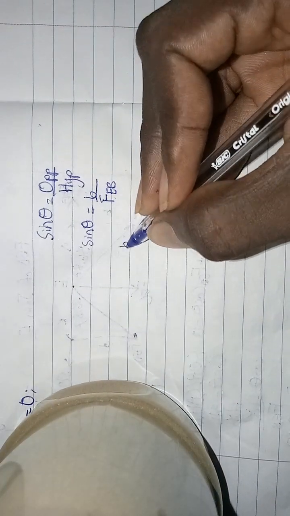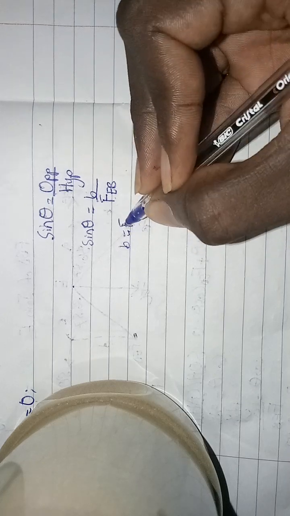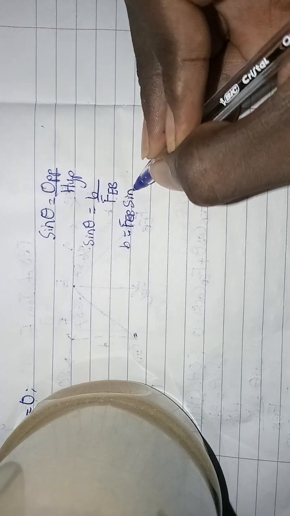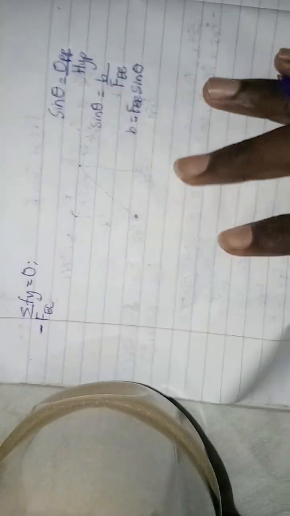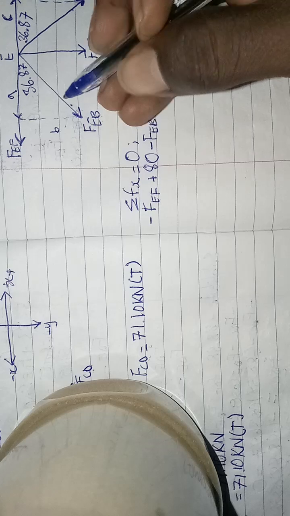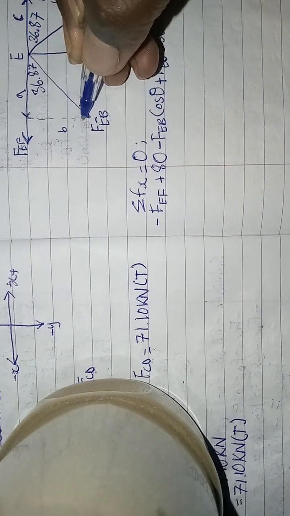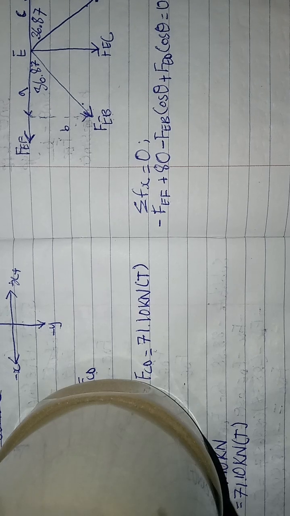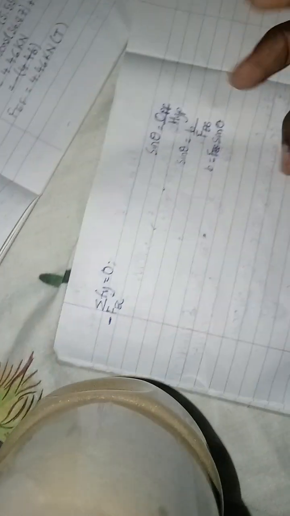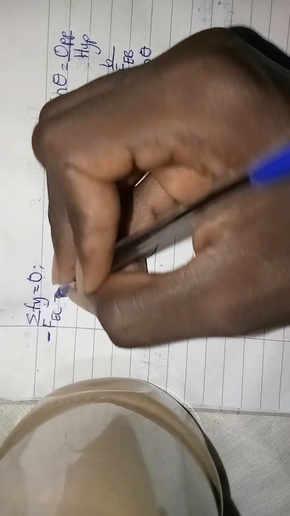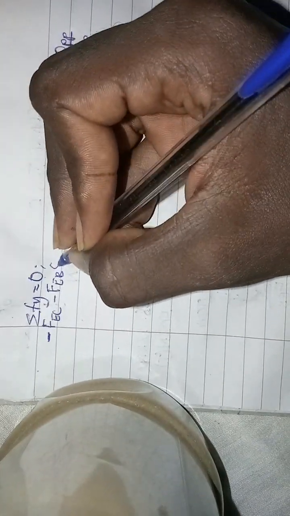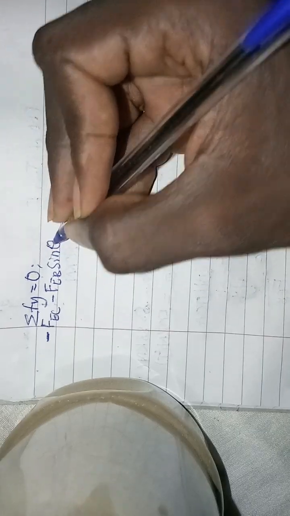B will be equal to force EB sine theta. And here it is pointing downwards, so we are going to get it as negative. So we can bring it as negative force EB sine theta.